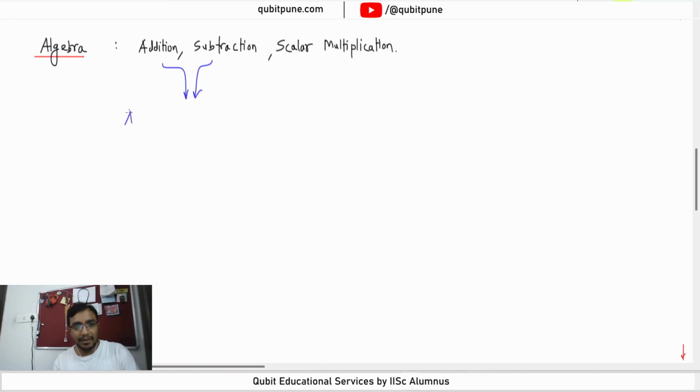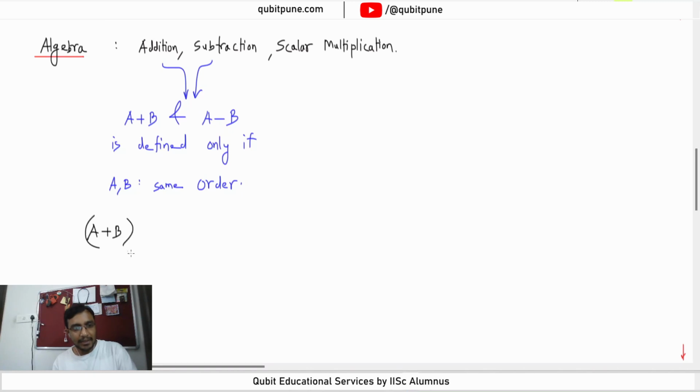A plus B and A minus B are defined only if A, B are of the same size, or same order. Okay, and what is the ijth element of A plus B? It is the addition of the corresponding elements in the two matrices. So it is to be performed pairwise.